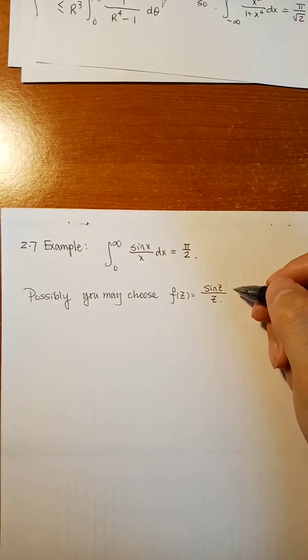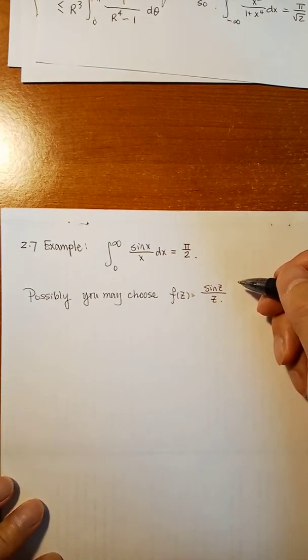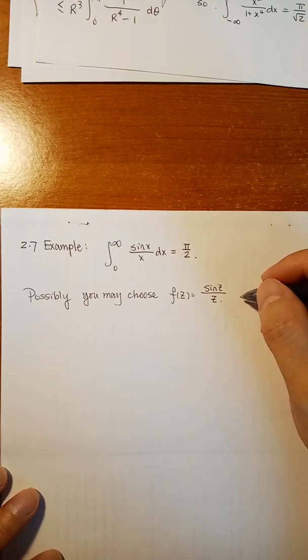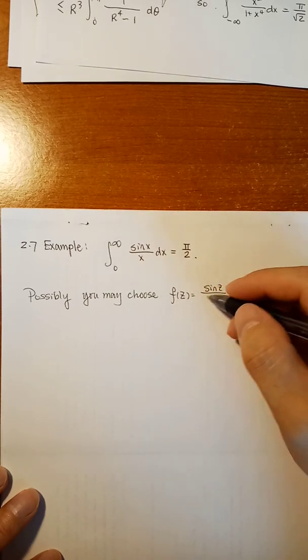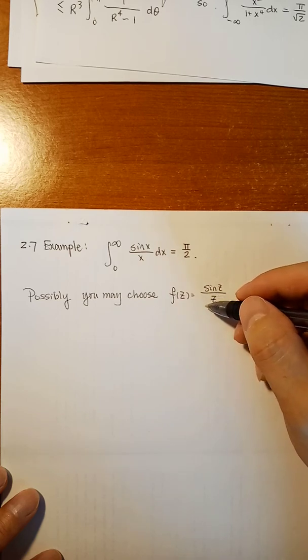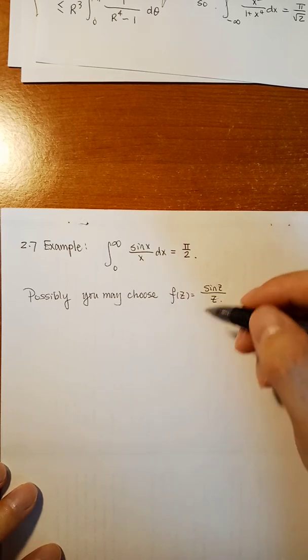You may choose the sine z over z. I'm not saying it's not possible, but if you really do the computation, you will see that's not extremely simple. Okay, so we will not choose this function as our analytic function with poles. We will choose another one.